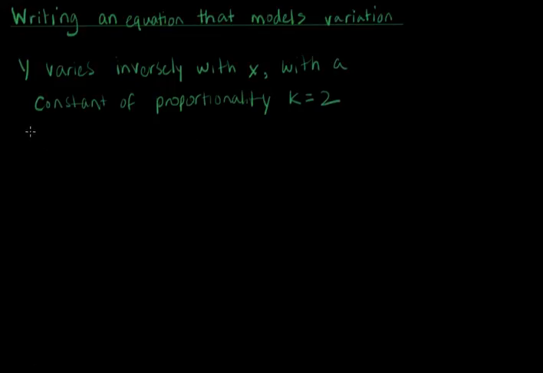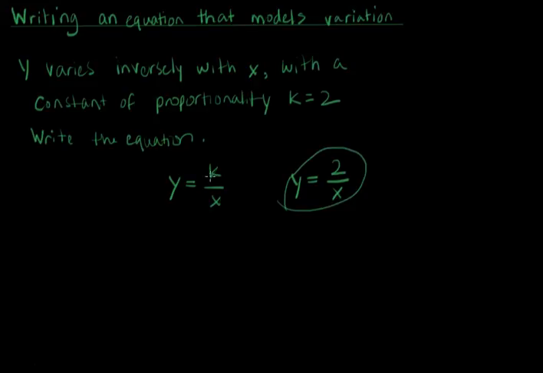Okay, so we want to write the equation. Y varies inversely with x, so that means it's going to be y equals k over x, and then with a constant of proportionality, k equals 2. So it would be y equals 2 over x. Now sometimes they're going to give you what the constant of proportionality is, and sometimes you won't know and you'll just leave it as a k. So whatever you're given is what you should do.